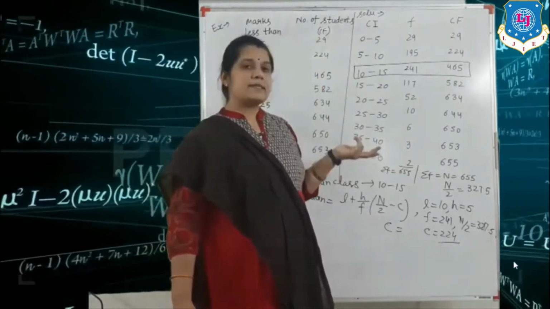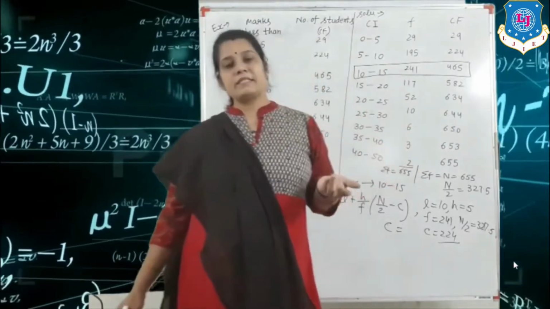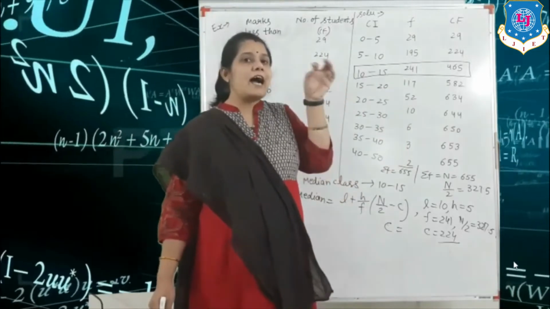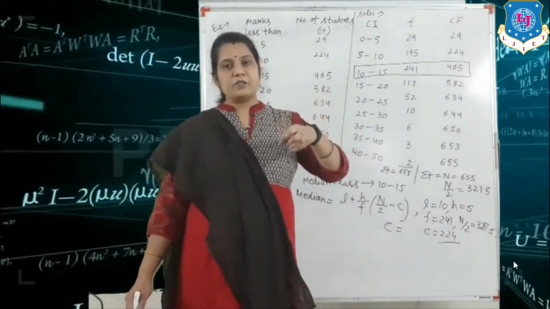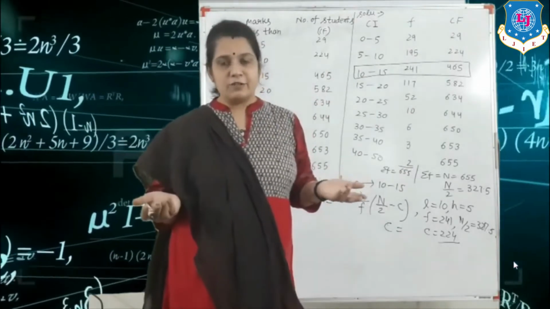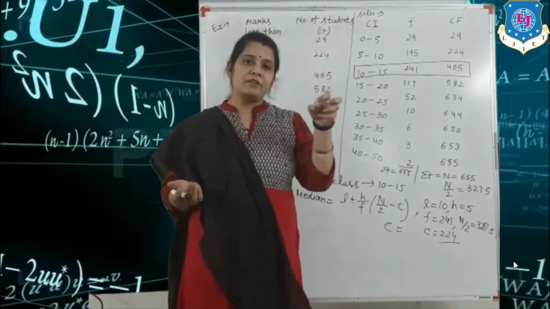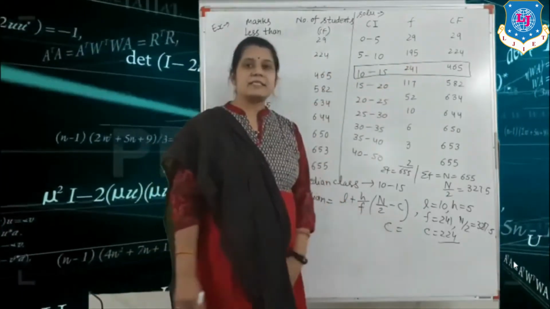So in the less than frequency or greater than frequency, for finding the capital C, you just see the highlighted value in the CF column, and for this highlighted value you find the value just before and just after, and consider the minimum value of these two. Okay, so your capital C is 224.